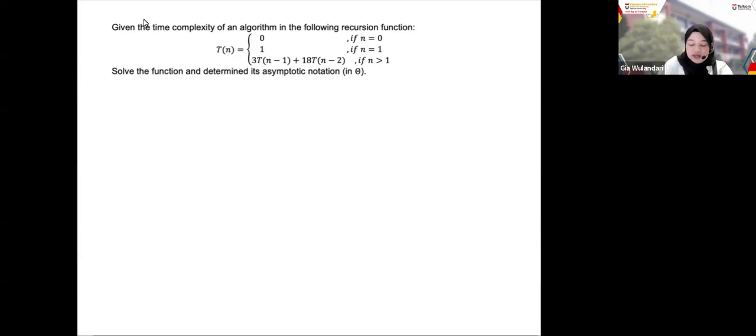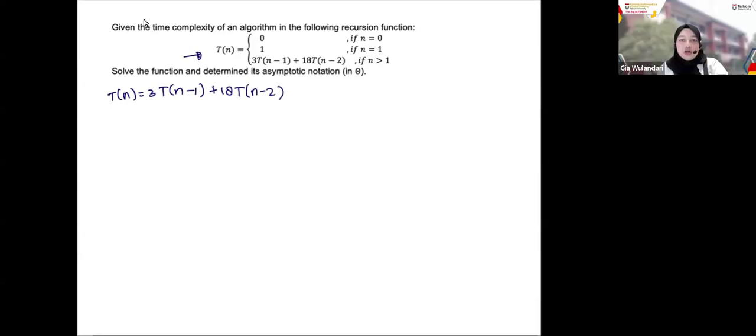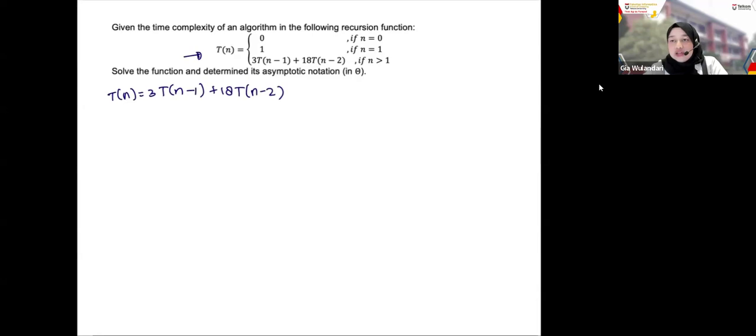So for example, here we have Tn is equal to 3Tn minus 1 plus 18Tn minus 2, right? For a homogeneous linear equation, we need to make one of the sides become 0.